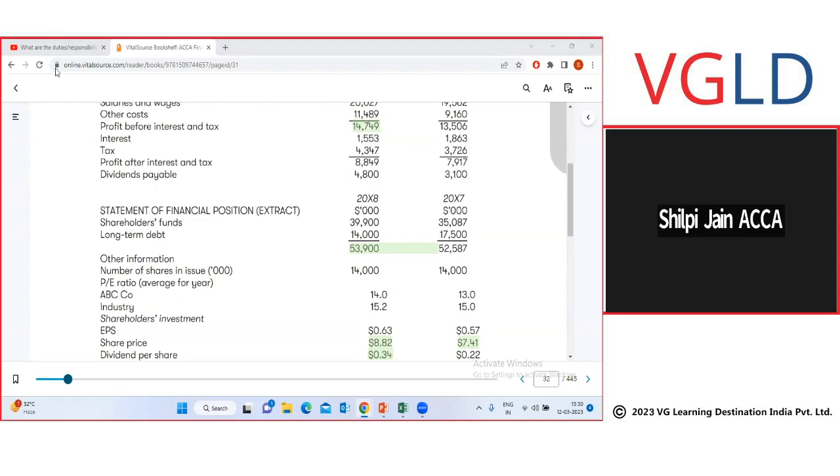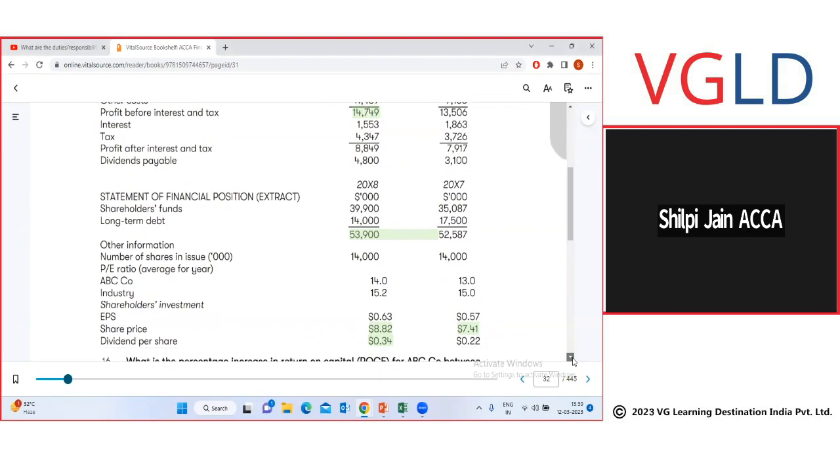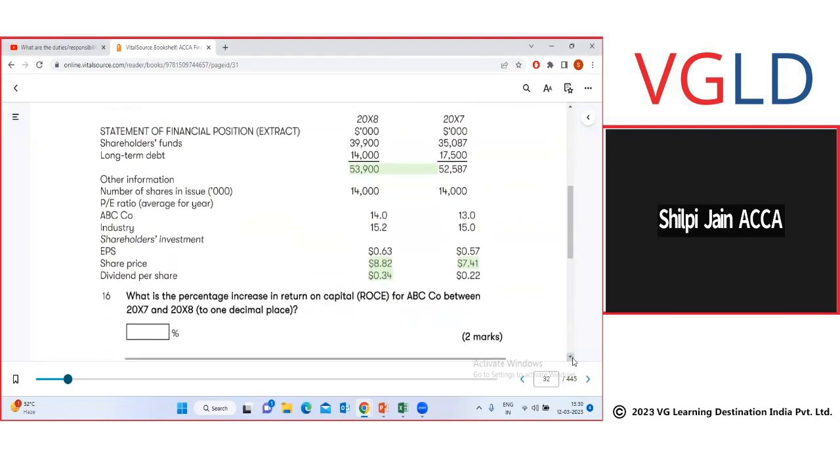Quickly, guys, pour in your answer. We'll do one question at a time. So you have to tell me the percentage increase in return on capital employed. So calculate return on capital employed for both the years given, and then we'll calculate the percentage increase.